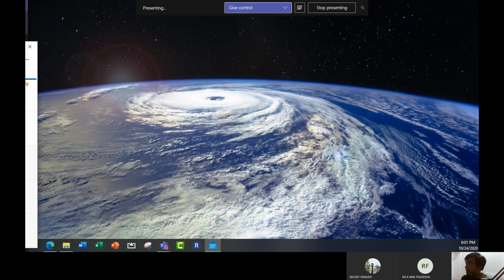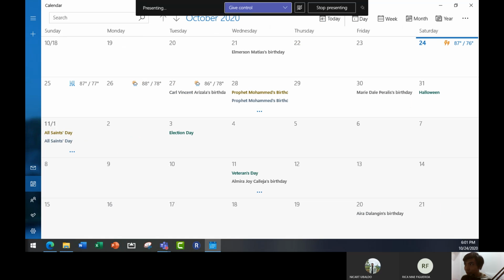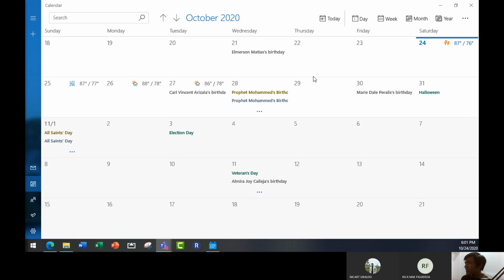Okay, so tingin tayo sa calendar natin. Ang aking worry lang kasi, itong part ng year, itong October, November, December, may mga holidays, no? Asan na tayo? Ito. Magpapasko na. Sa ibang university, nag-suspend sila ng klase starting 28 until November 2.